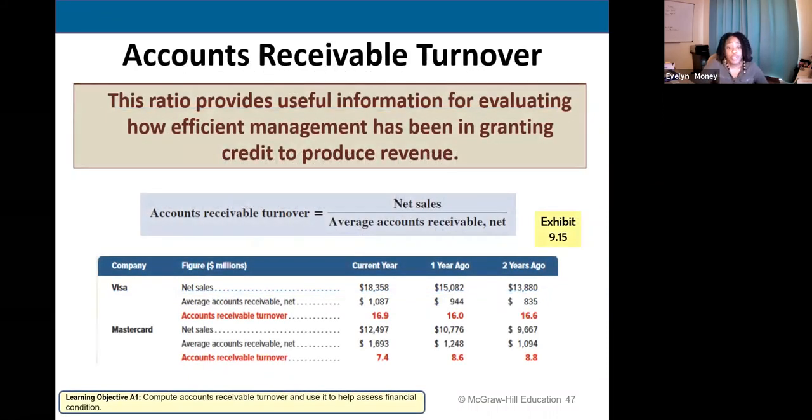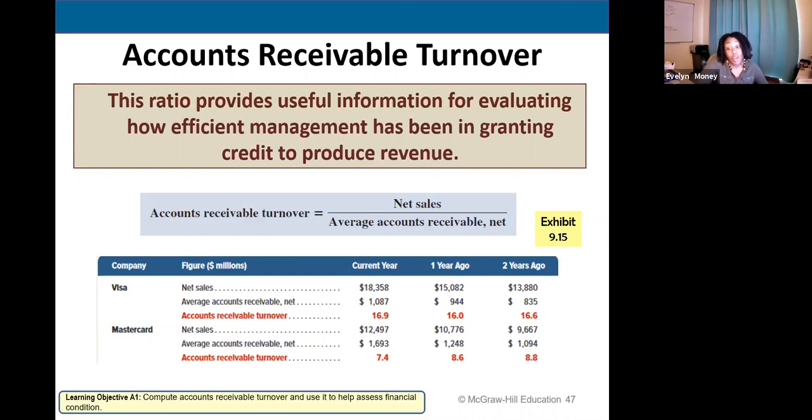There are some ratios that we can calculate to help us determine how often we collect on our accounts receivable. That's the accounts receivable turnover ratio, where we take net sales and divide it by average accounts receivable. So how efficient are we at getting our customers to pay us on time? Whether or not the number is good is really dependent upon the industry standards.